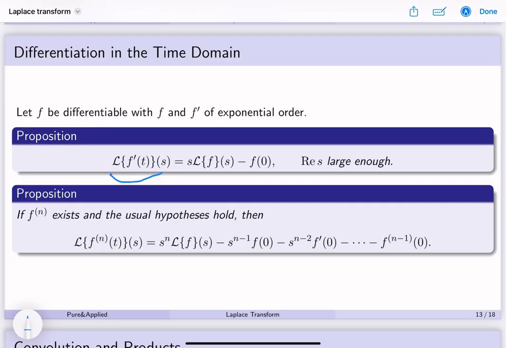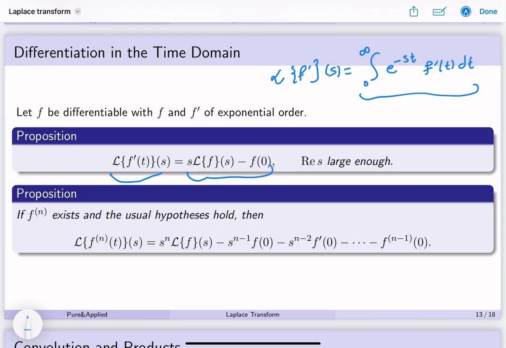Maybe some final things before we go to applications. Let's quickly discuss how the Laplace transform deals with derivatives of functions. This is not so hard. If I pass the derivative of some function into a Laplace transform, it's really a matter of integration by parts to observe that this thing is exactly this thing.